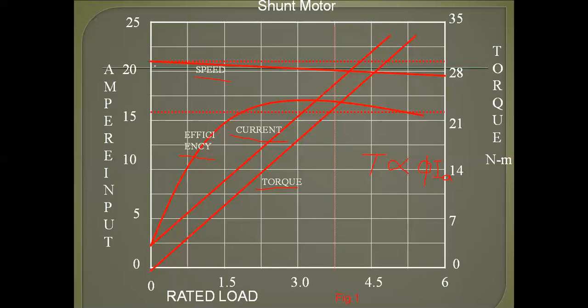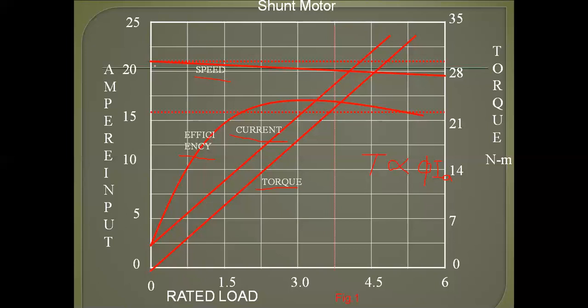The fall in speed from no load to full load is small. Hence, these motors are used where substantially constant speed is required as in machine shop drives.